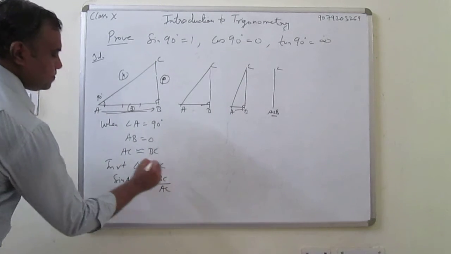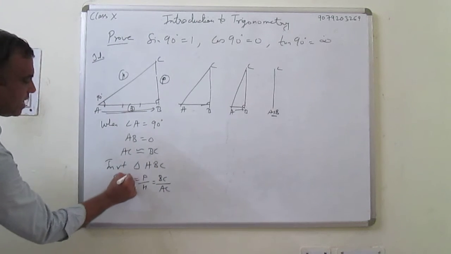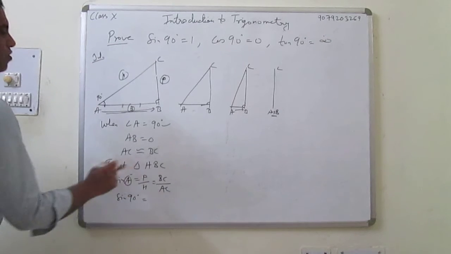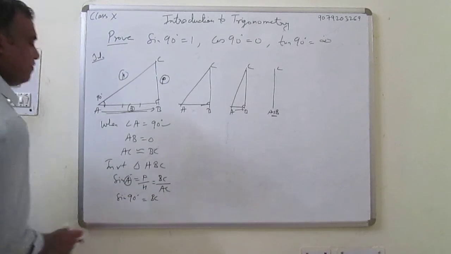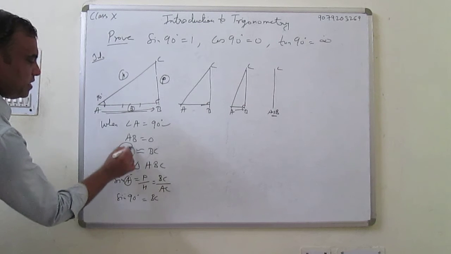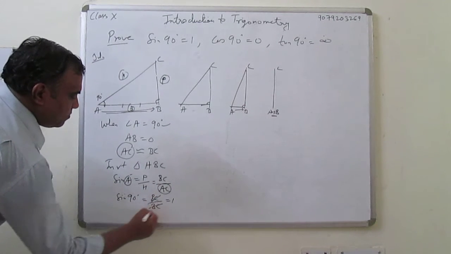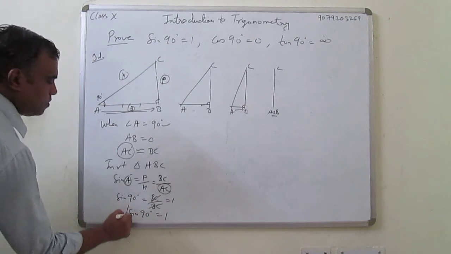AC. So what is the value of BC? If I take A as 90, then BC is BC, and AC is BC, it will cut, it comes 1. So sin 90 degrees is equal to 1.